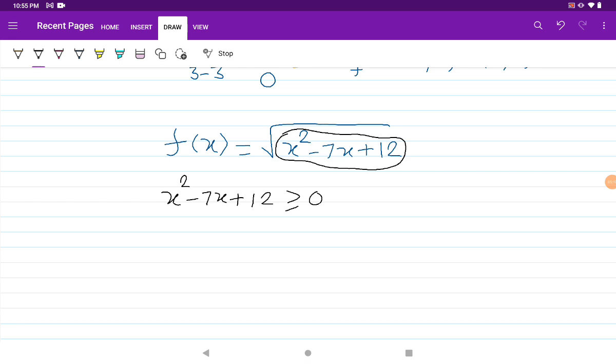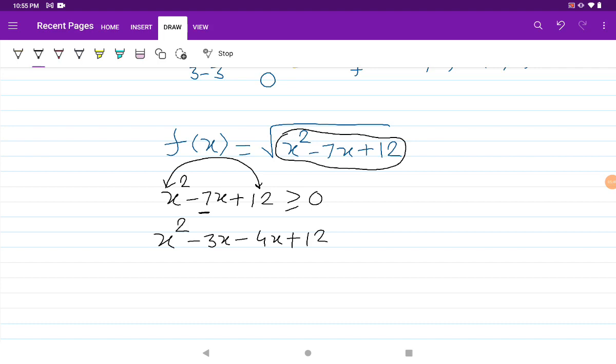So you can factorize this expression. You know how we can factorize it. This is a quadratic, so you can use the middle term splitting concept. Okay, so I'm just going to factorize this. Because the product of the leading coefficient and the constant term is 12, we have to break this 7 into two parts such that their product is 12.